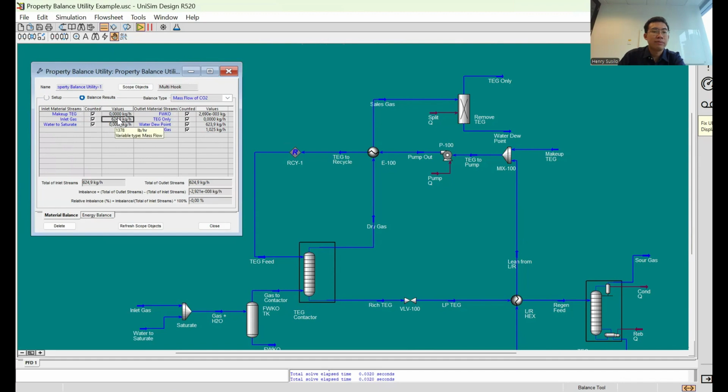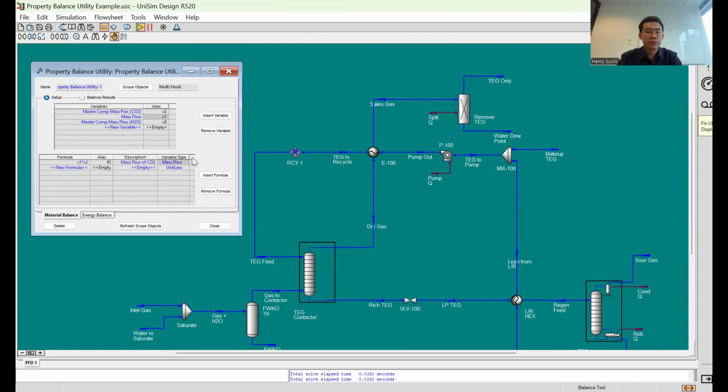So the inlet gas we have 600 CO2, with the outlet, most will go to the water dew point, and some of it is in the sour gas. The thing that you should note also in the formula is that each formula will have its notation. This notation is useful if you want to create a formula based on a previous or other formula.